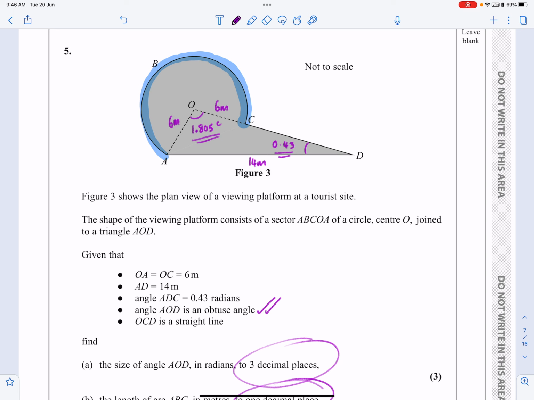Okay, so I'm going to be using half BC sine A, where I've got this one and this one as my 2 sides in the angle.